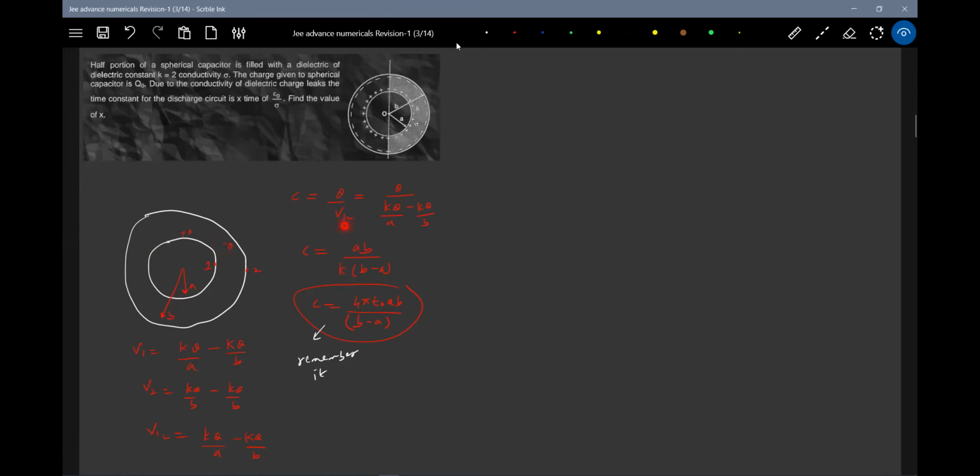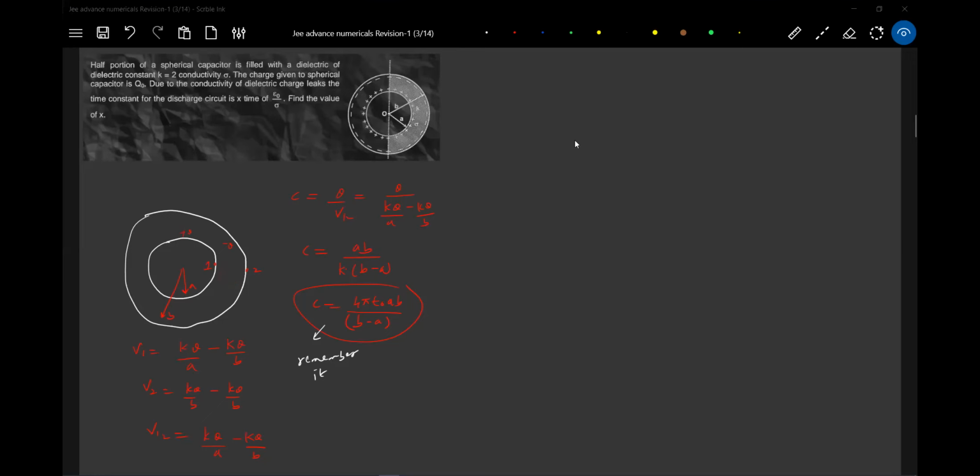How can we bring it? But we don't have any other help. Are they in series or parallel?